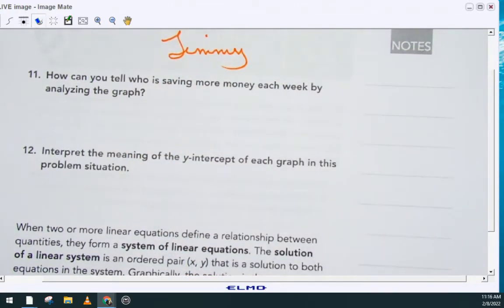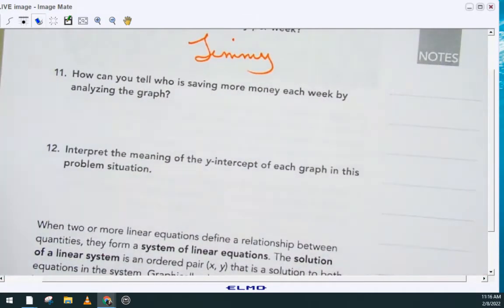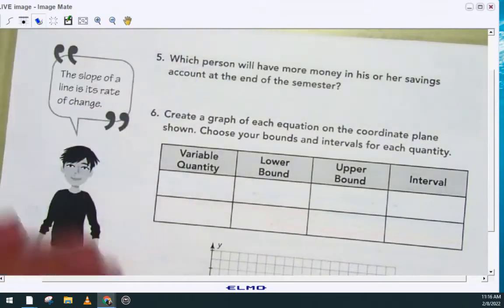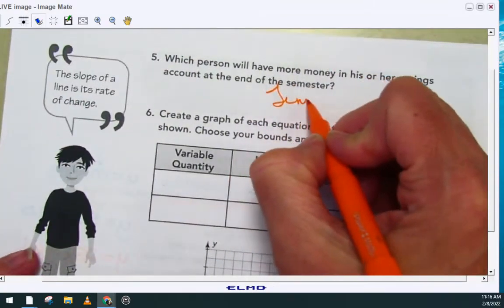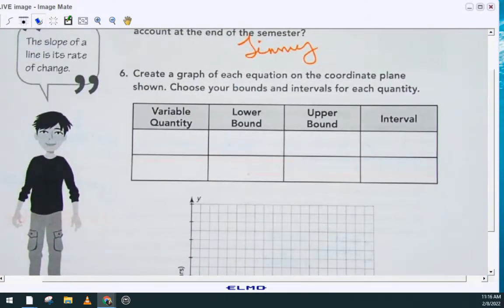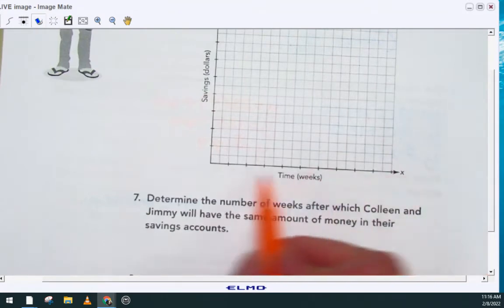How can you tell who is saving more money each week? By analyzing. Oh, sorry about that. We skipped this whole part. So we're going to create a graph. Okay. Let's look down here. Well, we know we have to get 18 weeks on here.